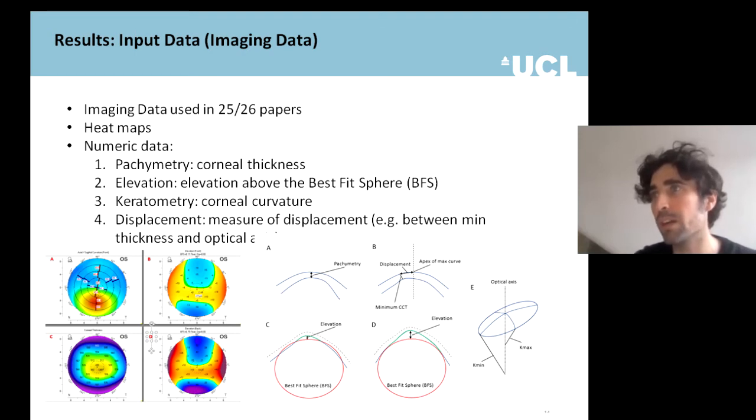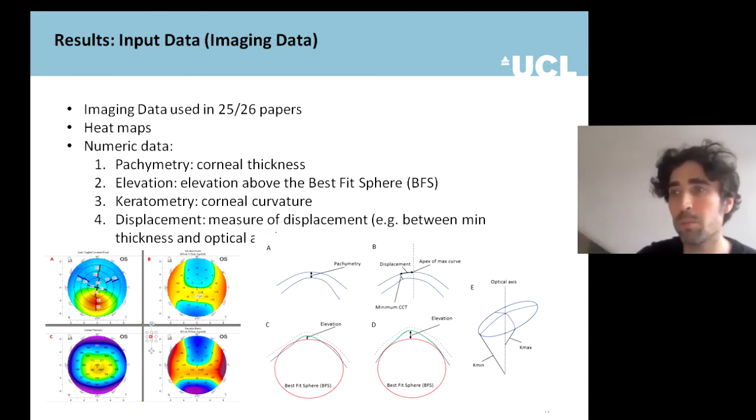And there's also numeric data which comes out of these imaging systems, such as pachymetry, elevation, keratometry, and displacement. But let's not worry too much about all these different terms. I've already spoken about a couple of them, but I won't go into too much detail about elevation and displacement for now. But the takeaway from this slide is that imaging data is probably the most important piece of data used in keratoconus detection algorithms.